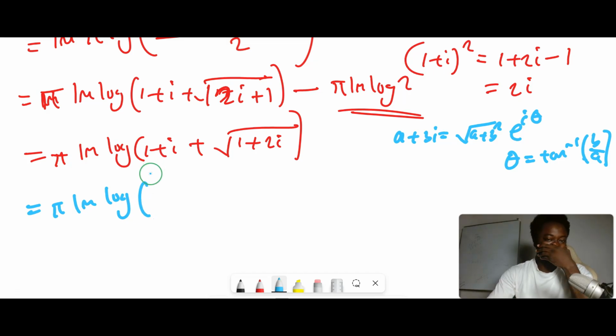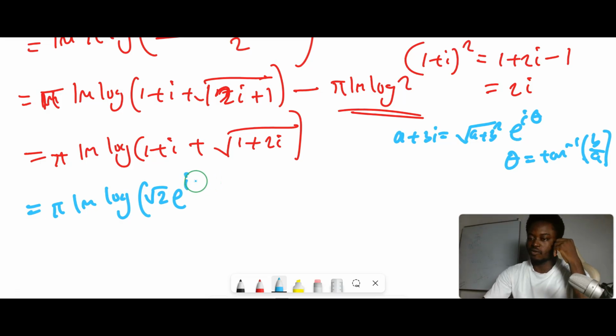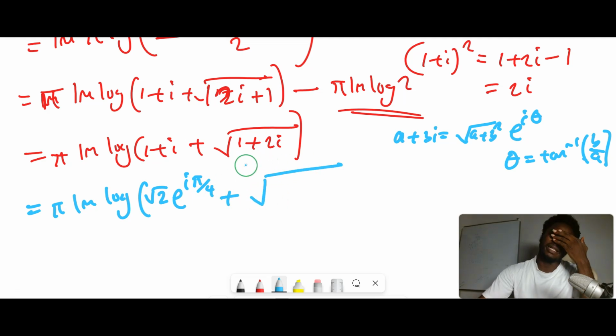Now the modulus of 1 plus i is the square root of 2, so this will be square root of 2 times e to the i times tan inverse of 1, which is pi over 4, e to the i pi over 4. Plus, now this will be a square root, but essentially the modulus will be the square root of 1 plus 2 squared, which is square root of 5.